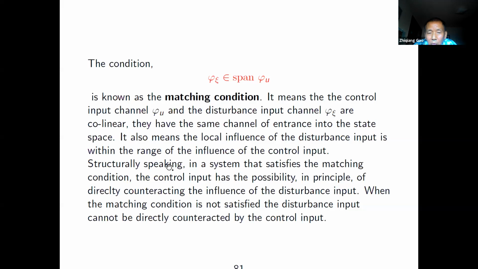Yeah, one more thing. On this particular slide, you read toward the bottom, directly counteracting the influence of disturbance input. Professor Ramirez, I think this is how the matchedness or matching condition is defined in sliding mode literature, that it's a condition on whether or not you can directly cancel or directly counteract the influence of disturbance input.